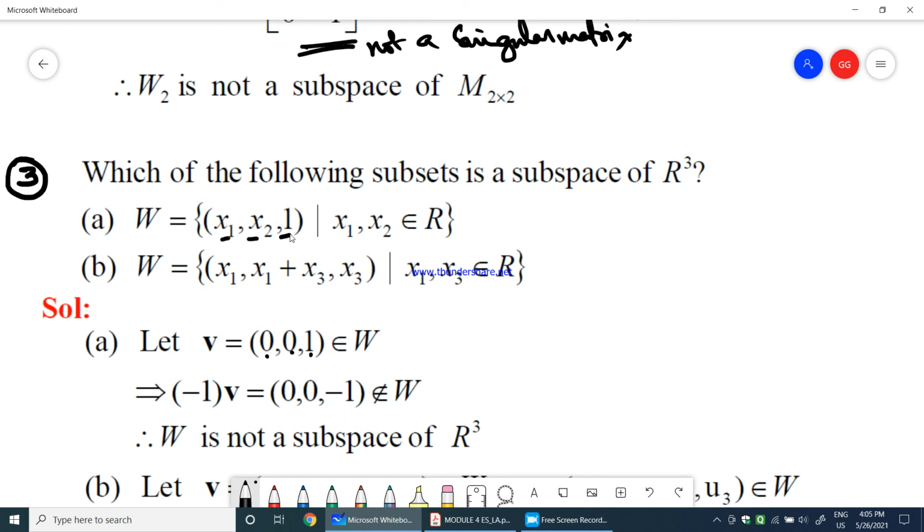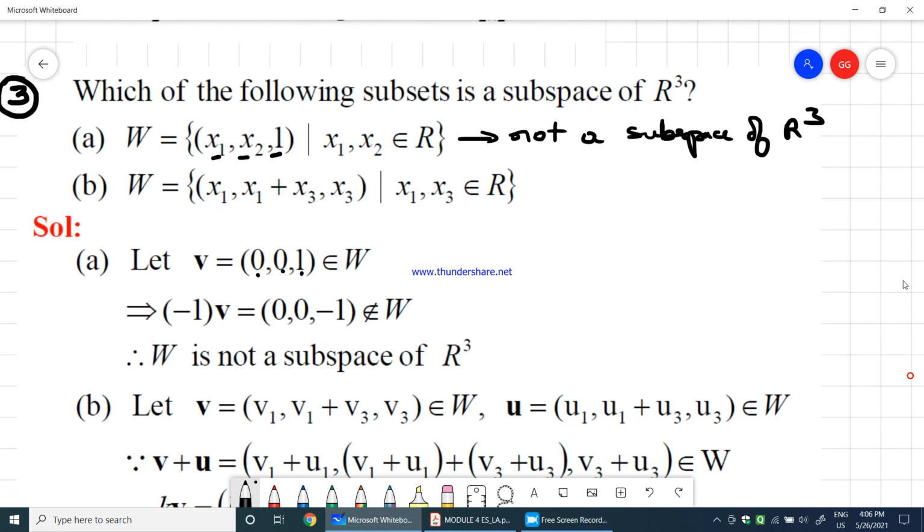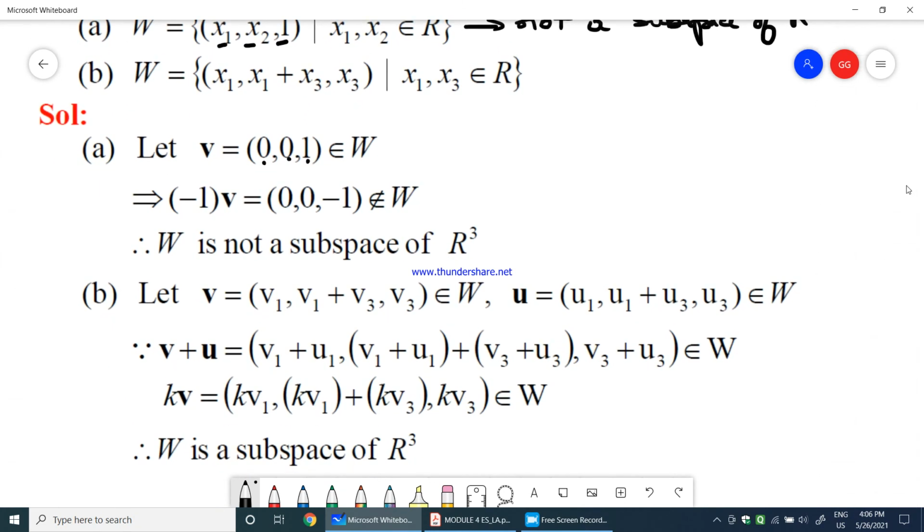Here it should be 1 always. So if it is minus 1, then that doesn't belong to W, because it should remain as 1 always. Therefore this W is not a subspace of R cube.